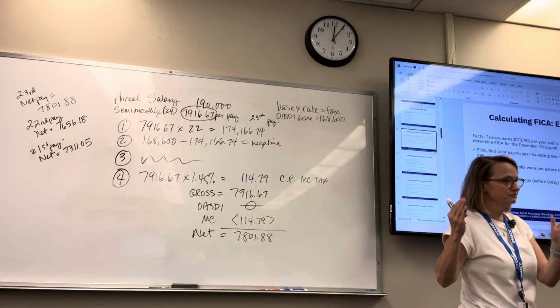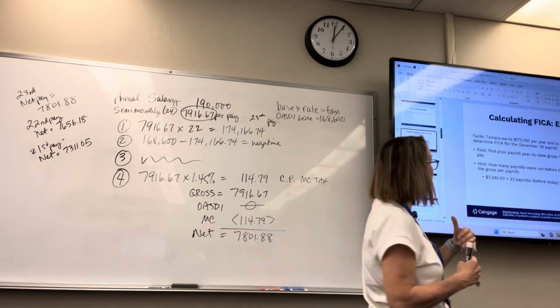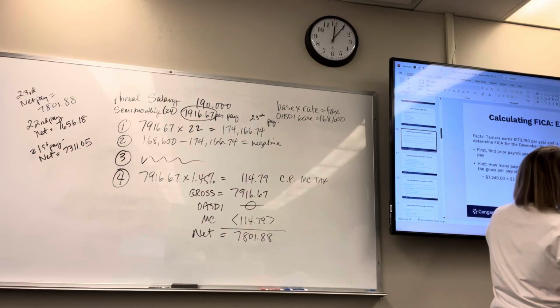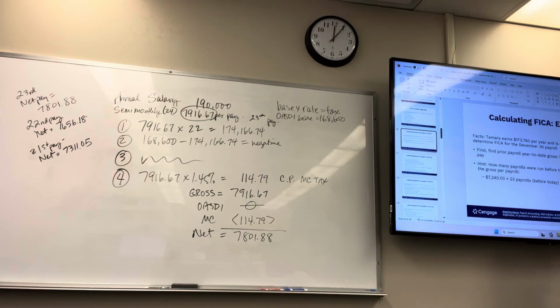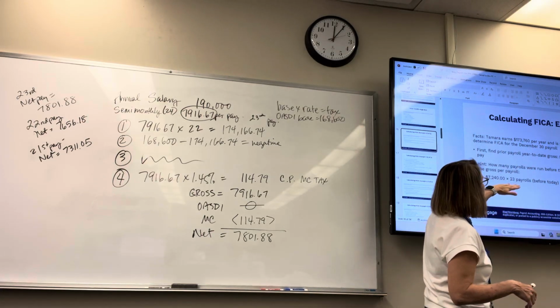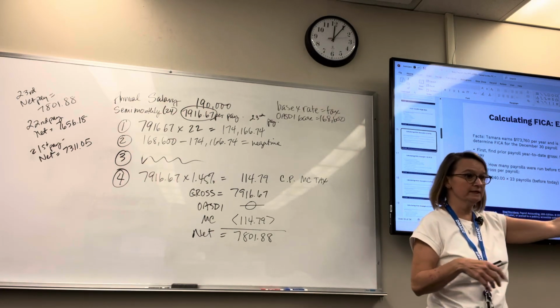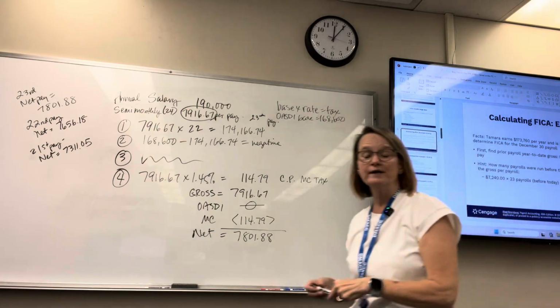So we would have to figure out what she had earned year to date up to the 23rd pay. They've done the math here: 24 pays, so she gets $7,240 every pay period. We multiply that by 23 pay periods. She's up to $166,520.